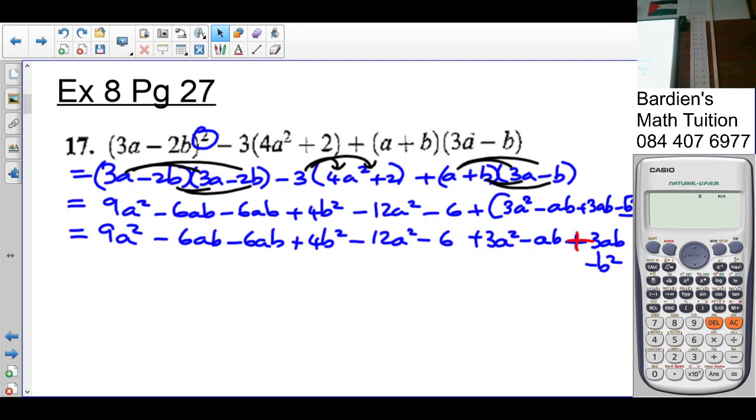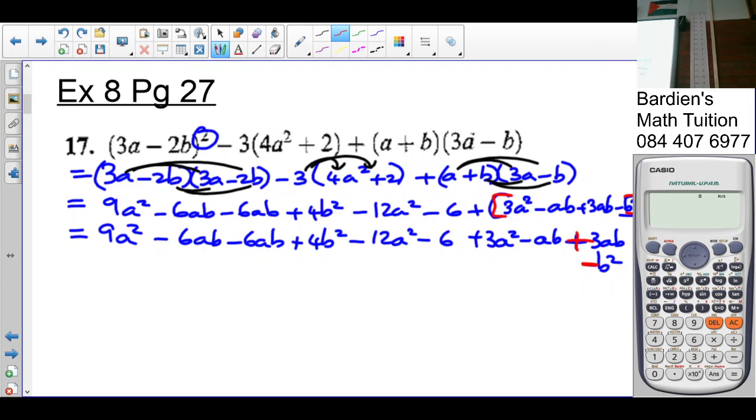So what do we do now? We look for like terms. Here's your mistake. Because of this bracket here, you're expecting to multiply something into it. So in future, only write a bracket if there's a number in front or a negative.